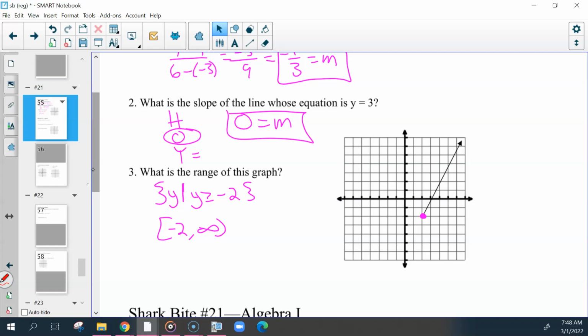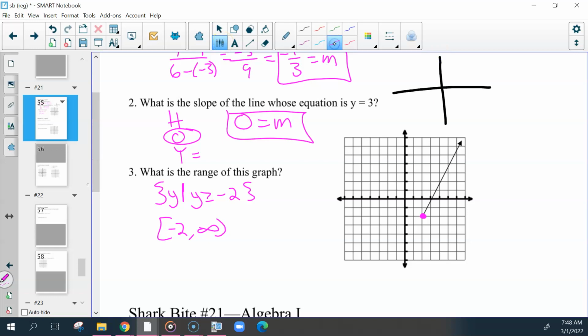So because it's y equals, if I were to actually draw it out, you would see that too. So this is going to be at the point when y is 3. And because the slope is not changing, it's just going to be y equals 3 all the way across for every single x. So it's a horizontal line, and your slope is 0. It's not moving up and down.